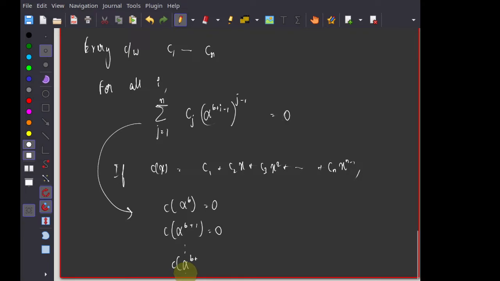So for every row, this should hold. This should be true. Right?